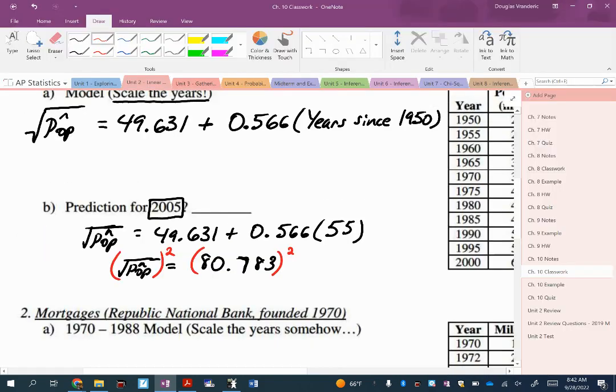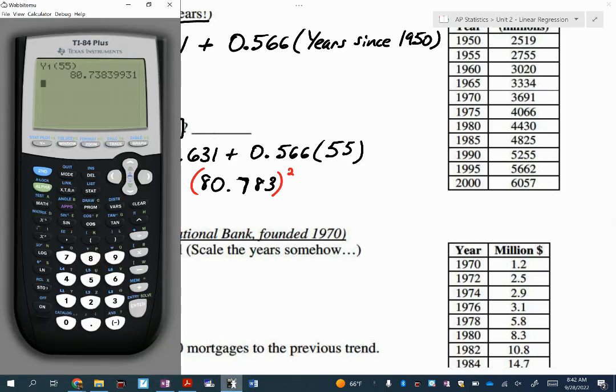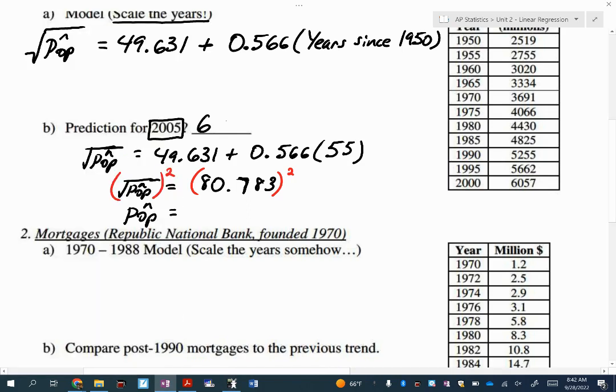And this will give me the prediction for my population in 2005. So I'm going to go here and hit squared. And so we're predicting 6518, and I'll round to 6519 just because the rest of the table is not having any decimals. So 6519. And then in millions.